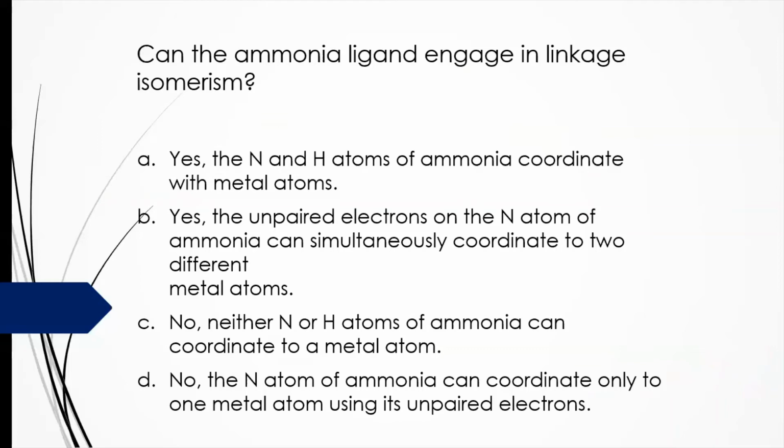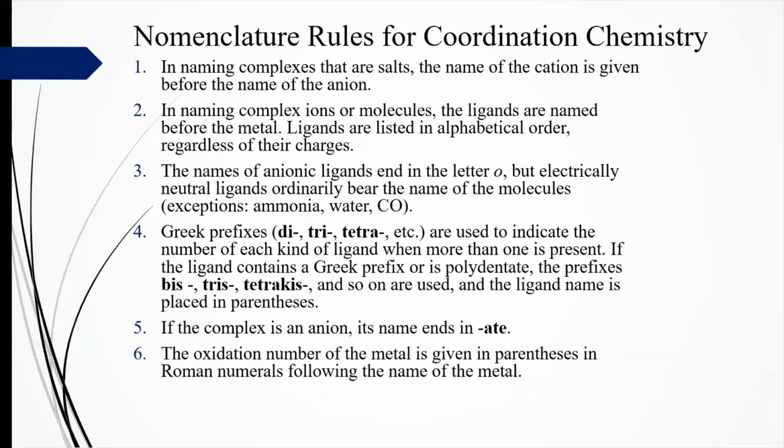The second part that we're going to get into today is our naming. Complex ions, or coordination complexes, get their own naming rules. They follow ones similar to our ionic ones in that the cation is always going to be named first, and then the anion.